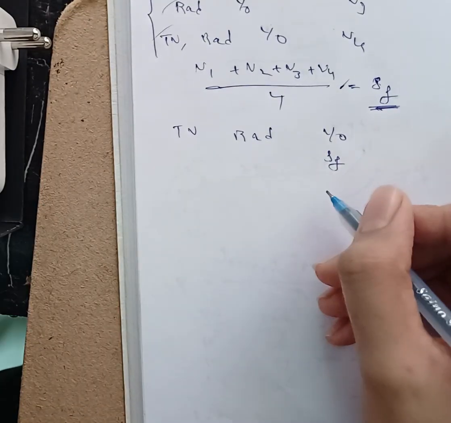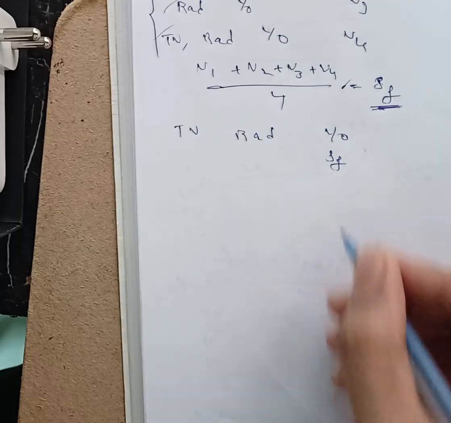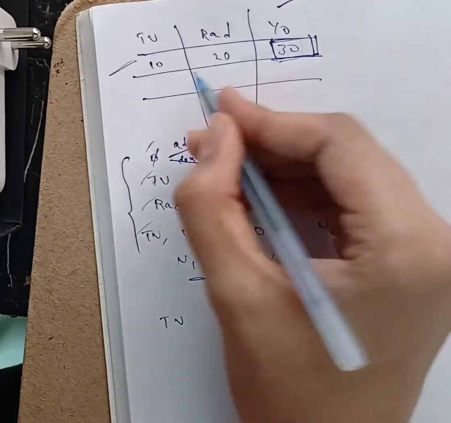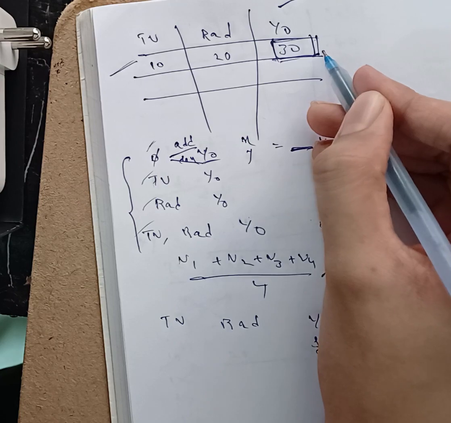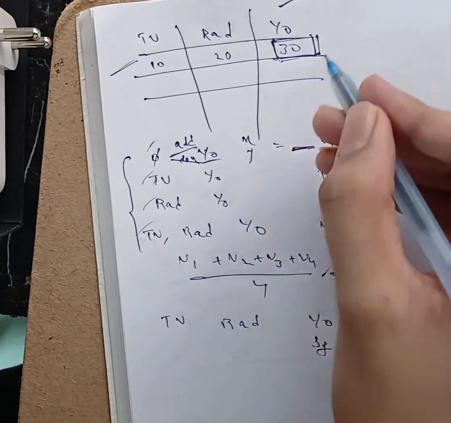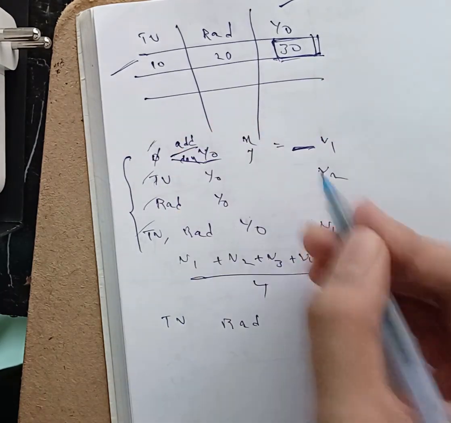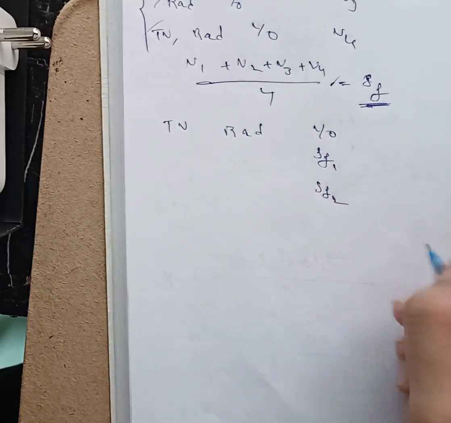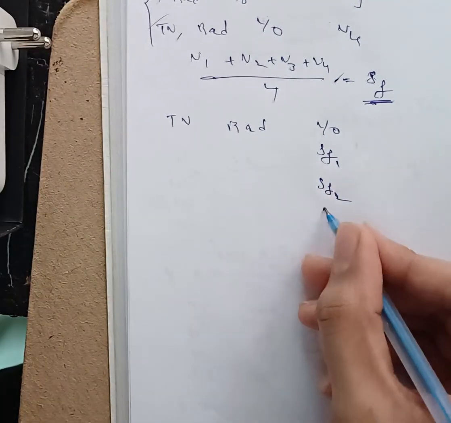Now we need to repeat this process for all the rows. Here we did this for only this particular row. You need to repeat the same process for all the rows. Now SHAP final 1, SHAP final 2, you will get all these values.